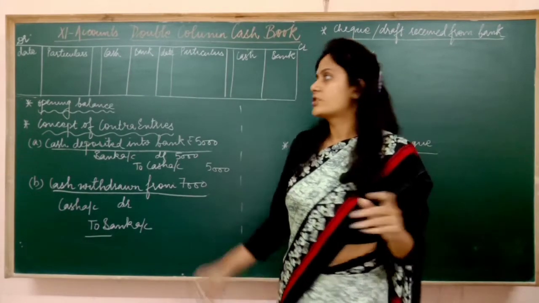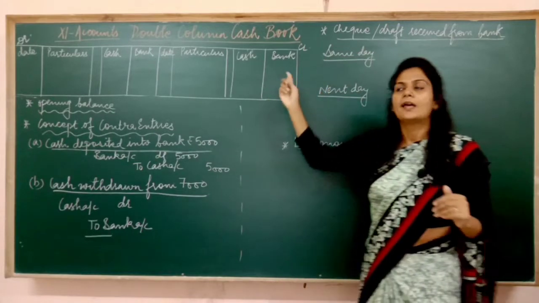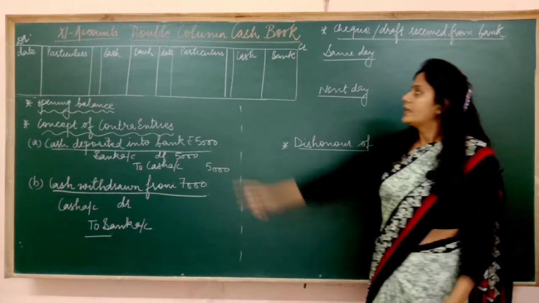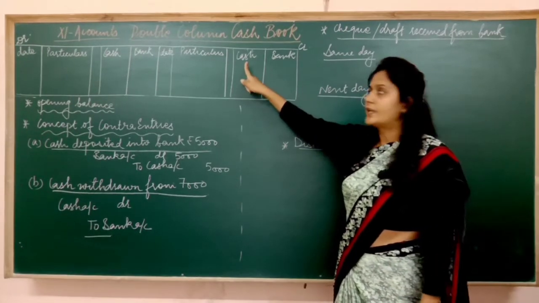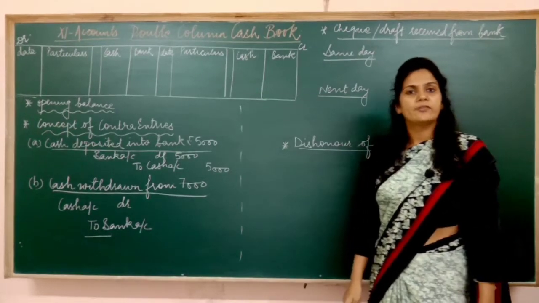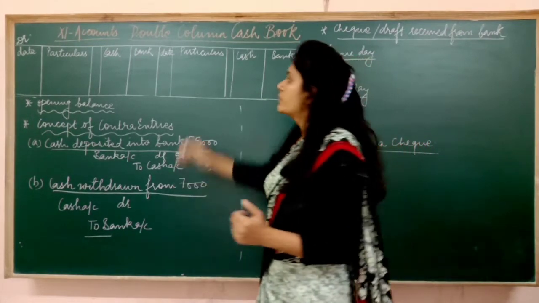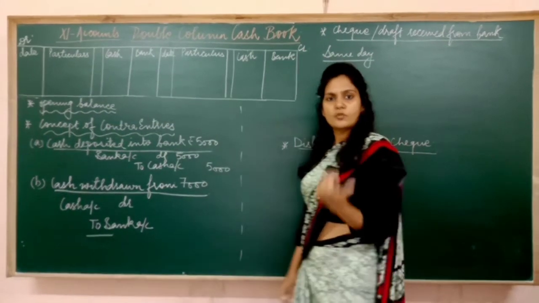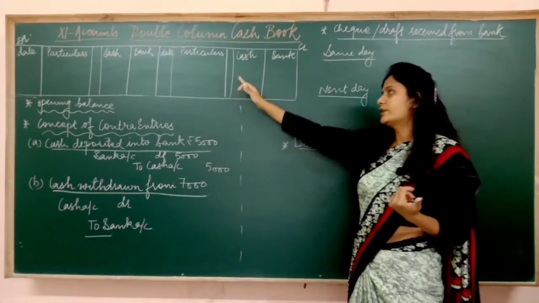Such transactions will be recorded in the bank column, and other cash transactions will be recorded in the cash column. Here cash is an asset. That's why the rule of real account will be applicable, that whenever cash comes into the business, you have to record it on the debit side, and whenever cash goes out of the business, you have to record it on the credit side.